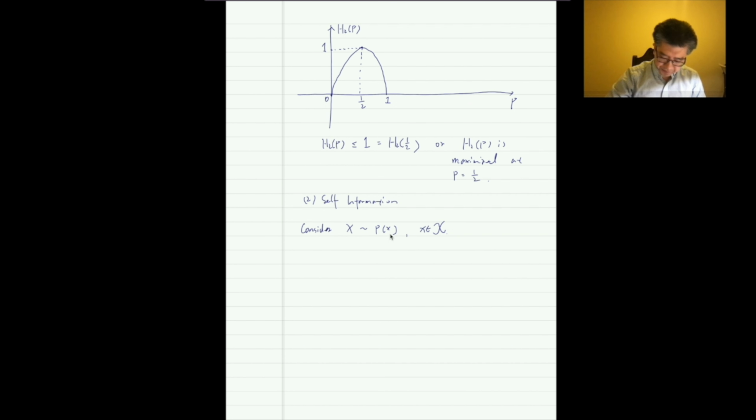Say we observe the outcome small x, which is the outcome or the realization of the random variable X. Then we can define the self-information as follows: small i of x, where lowercase x is the outcome, equals negative log p(x), or equals log base 2 of 1 over p(x).